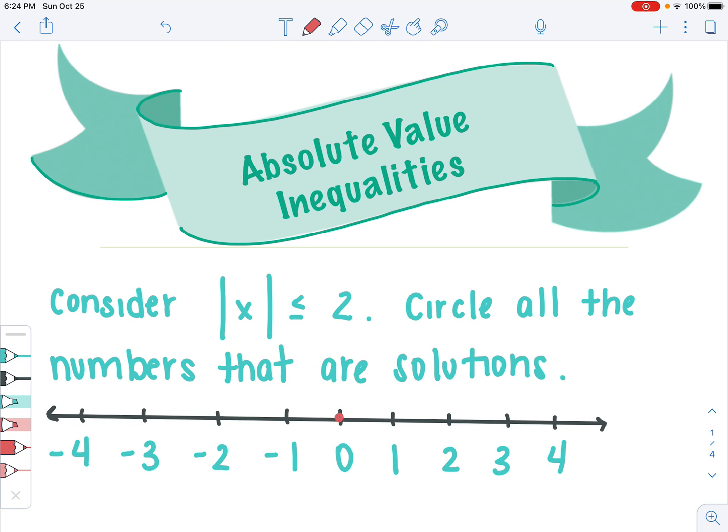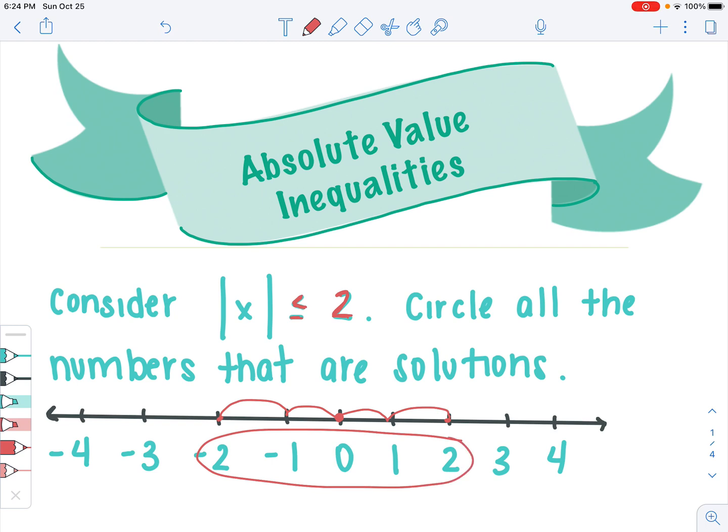So since I want to be less than or equal to 2 spaces from 0, that means I can go to the right 2 spaces and I can go to the left 2 spaces. Since it's an equal to, I can also include my endpoints in my answer, which means -2, -1, 0, 1, and 2 would all be possible solutions.